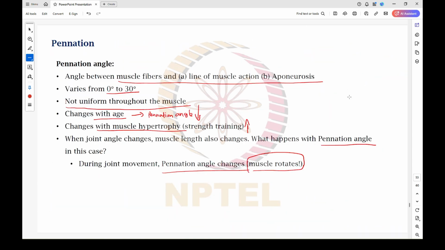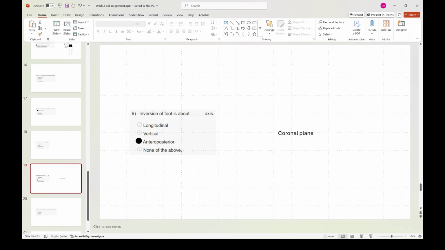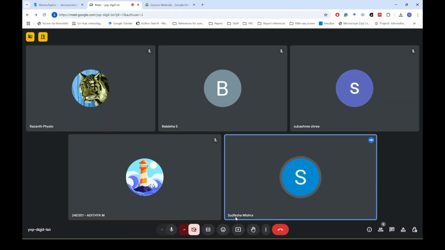So basically, you need to remember the angle between the muscle fiber... sorry, I didn't share the screen. Let me just share the screen.